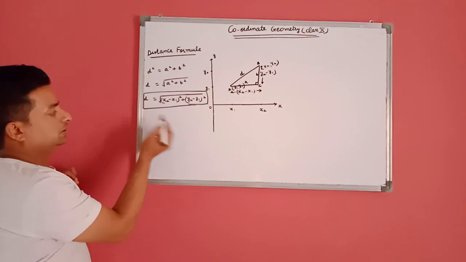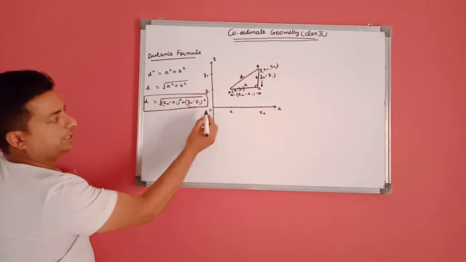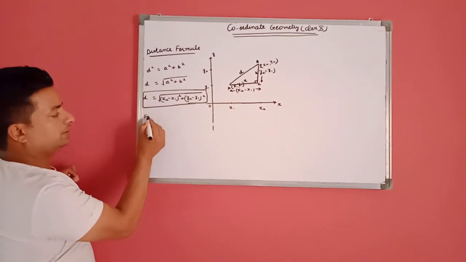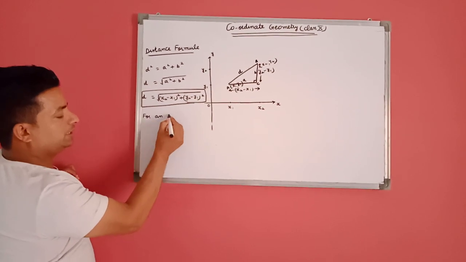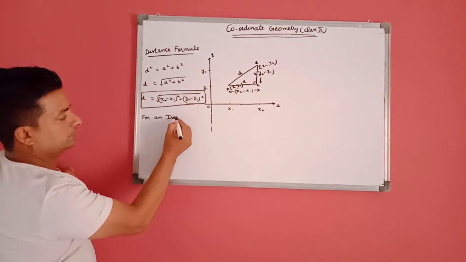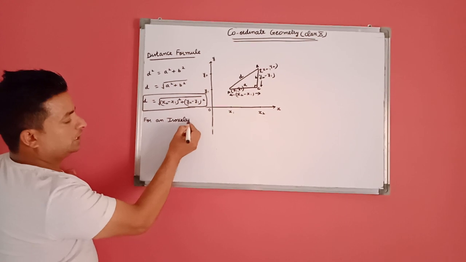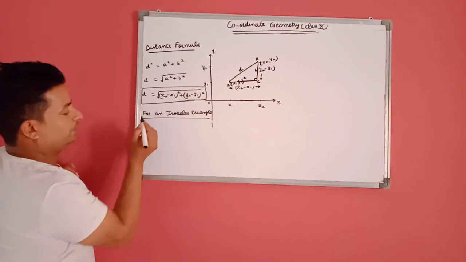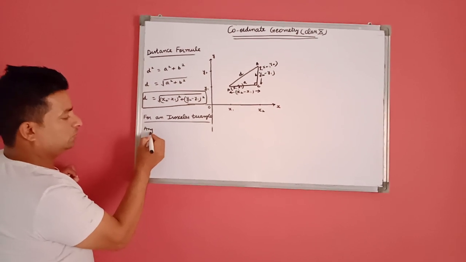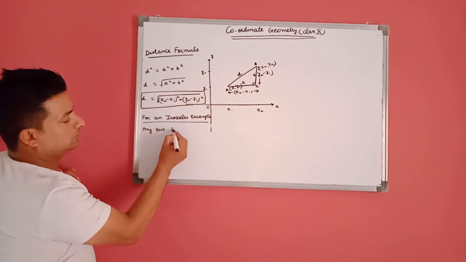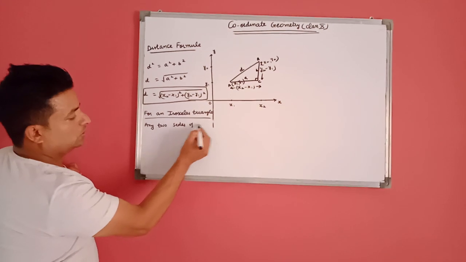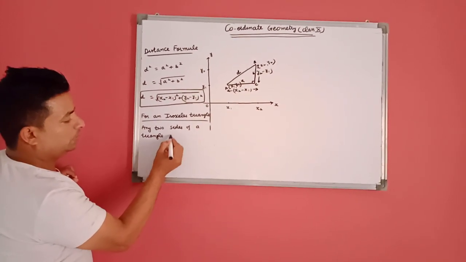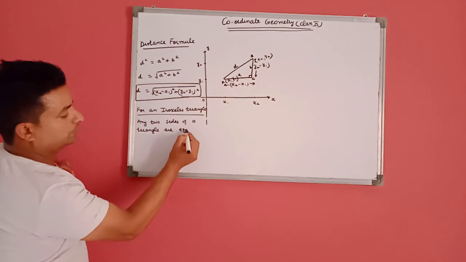After this, there are some points we should remember. First, for an isosceles triangle, any two sides of the triangle are equal.